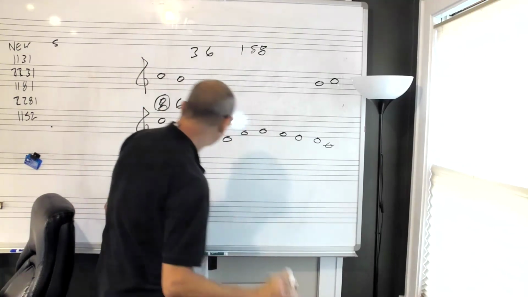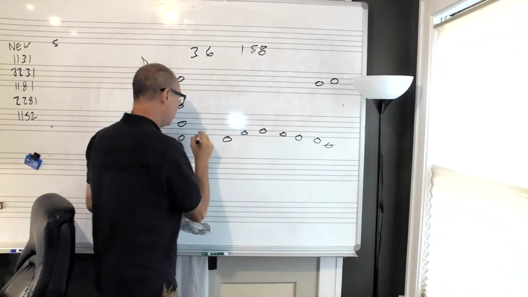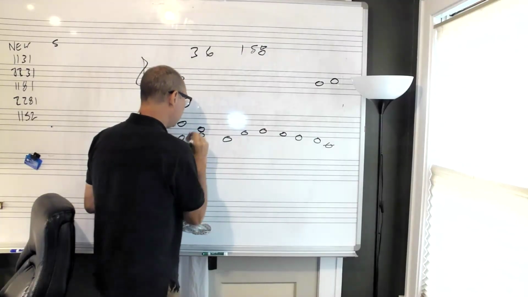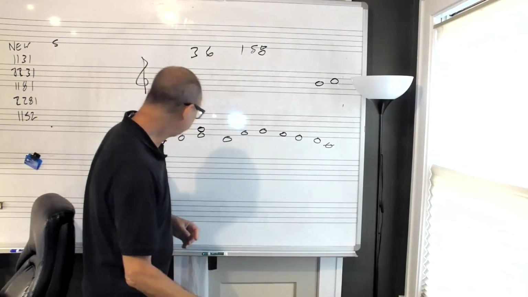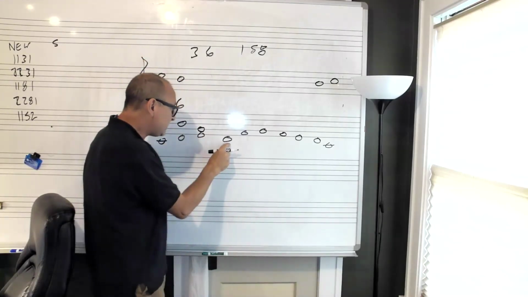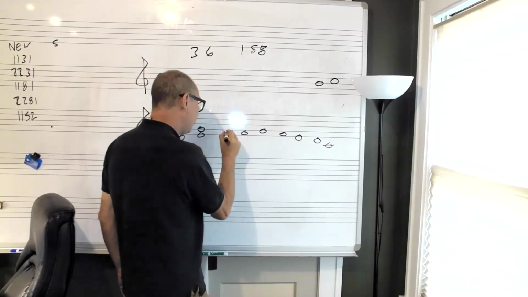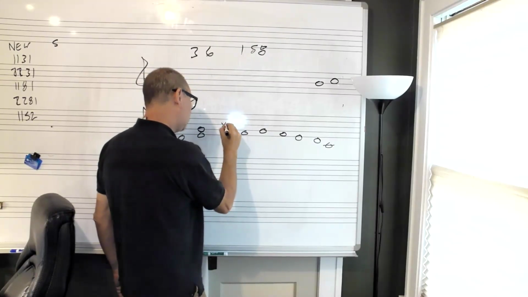Now, let's just, for the purpose of eating government cheese, do this. Okay, now I have a D. And so once again, I'm going to mark what's possible. A third, a sixth, okay, an octave.